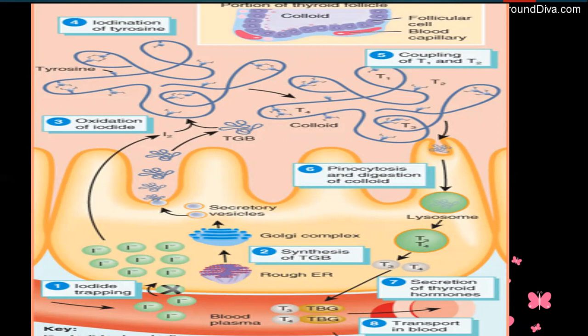Our body cannot produce this trace element, so we need to get enough of it in our diet. That's why everyone mentions that we have to take iodized salt. If there is any deficiency of iodine, it leads to goiter or other disorders of the thyroid gland.